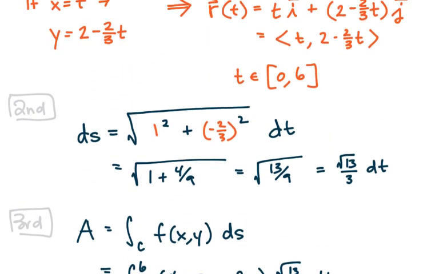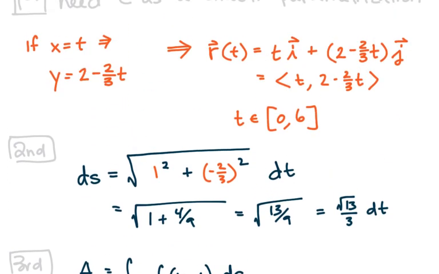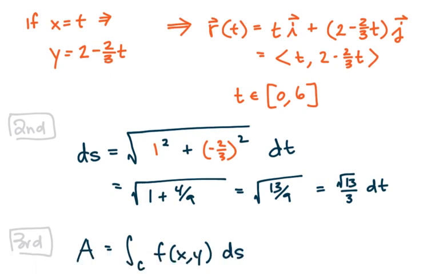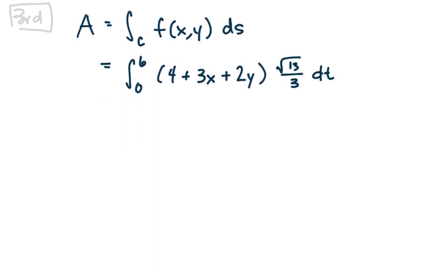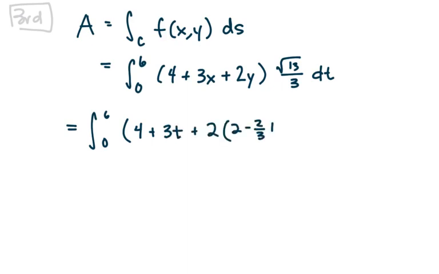So recall what x is. x is equal to t. y is 2 minus 2/3 t. And this will now look like the integral from 0 to 6 of 4 plus 3t plus 2 times (2 minus 2/3 t), root 13 over 3 dt.